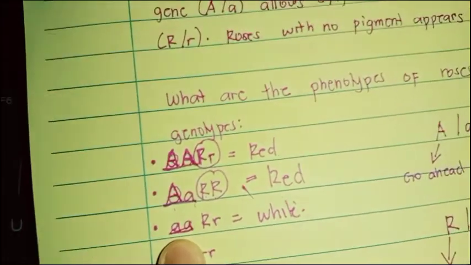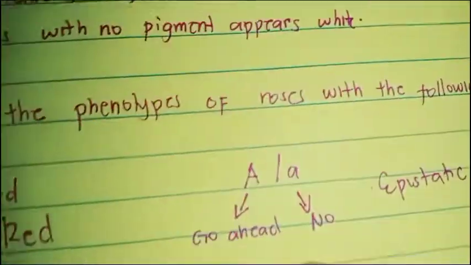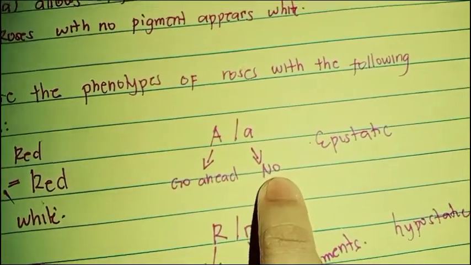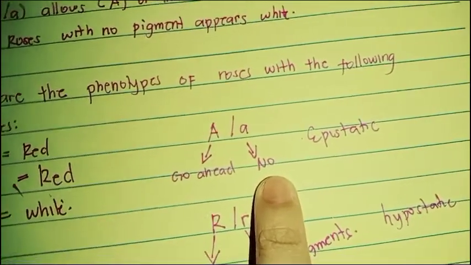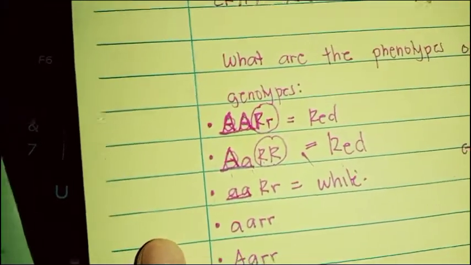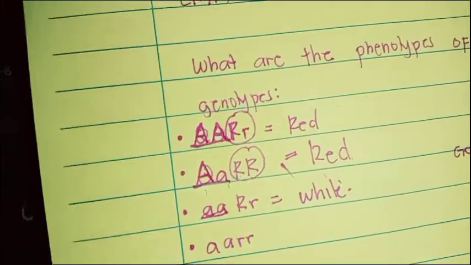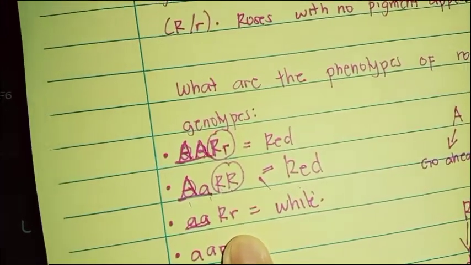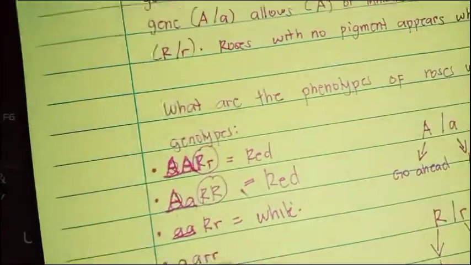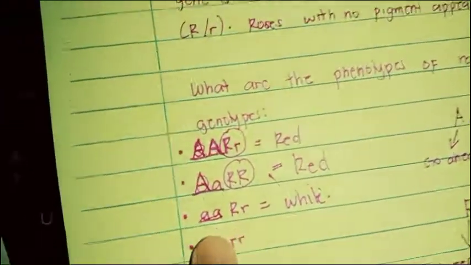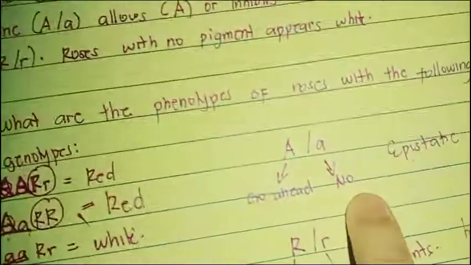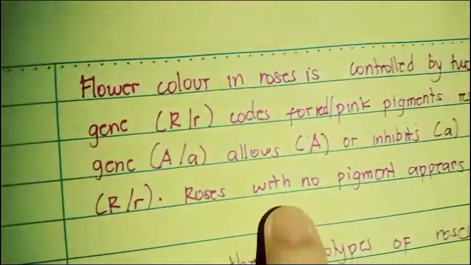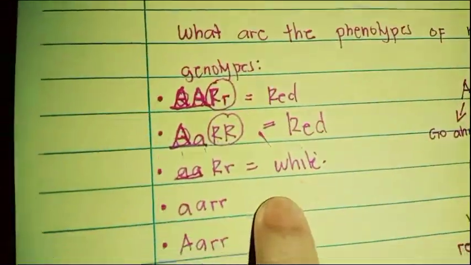And that means that when it is a small letter a in our epistatic illustration, a small letter a is a no. That means we cannot look forward to the next gene. So the next gene will not be expressed, and it doesn't matter if it's a bigger R or a smaller r or any R's in this case, because it is going to be just white, because our first gene told us that we cannot go ahead to our next gene. So that means roses with no pigment will appear white.